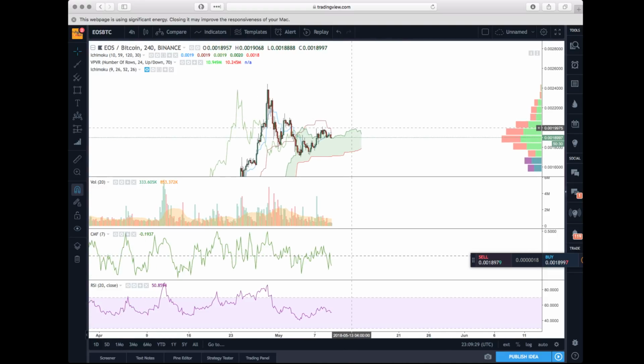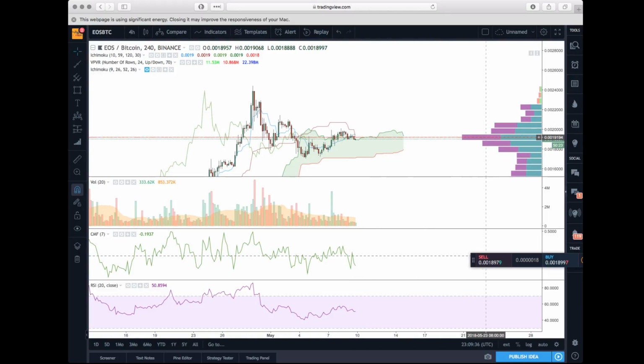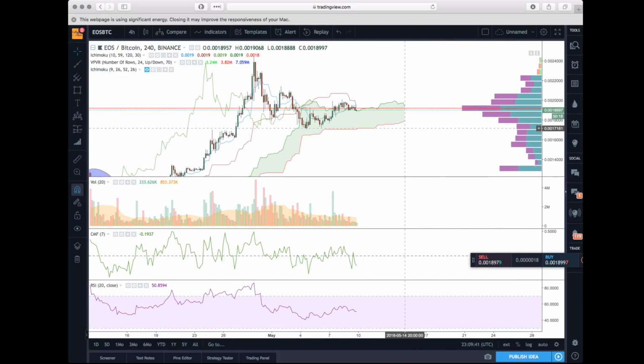All right, so I'm switching back to the conservative settings, and it looks like we are about to get a bullish cross on the conservative settings above the cloud. That's a great sign, actually, and we are sitting at this kind of volume support area. So the CMF doesn't look great, but I also have a very quick setting on my CMF, so it gives me lots of bounces, lots of calls. It shows me money flow faster, but there's more false information, so you just got to be aware of that.